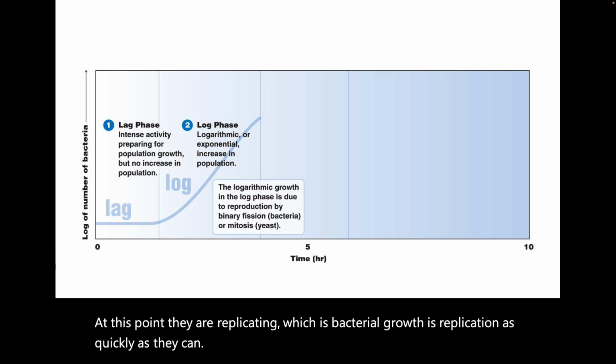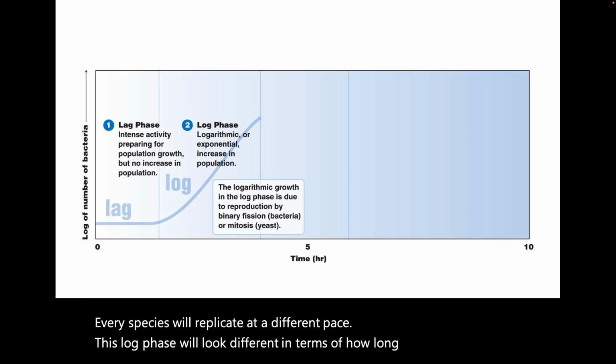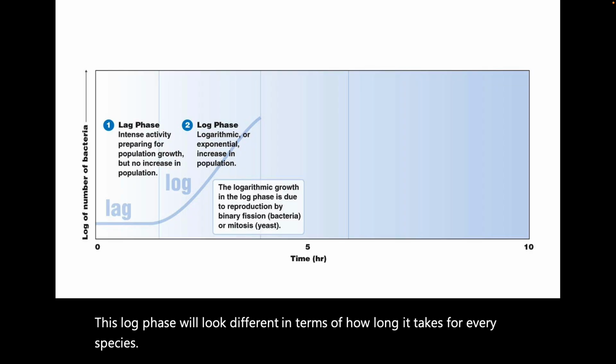Every species will replicate at a different pace. This log phase will look different in terms of how long it takes for every species. Something like E. coli is pretty quick.